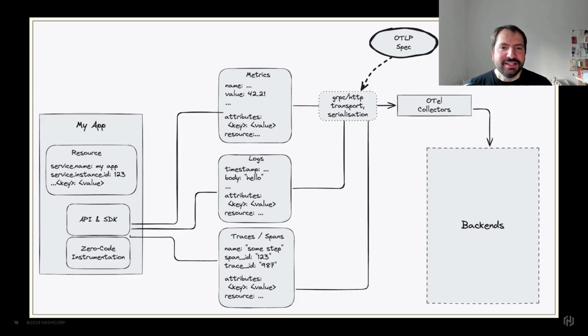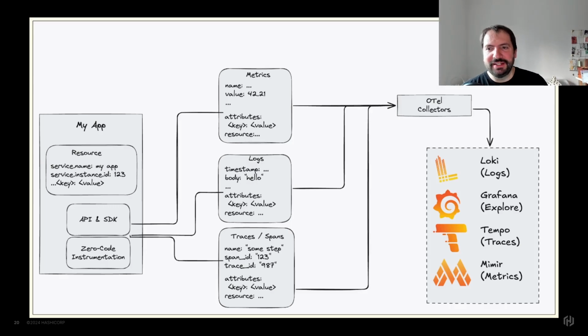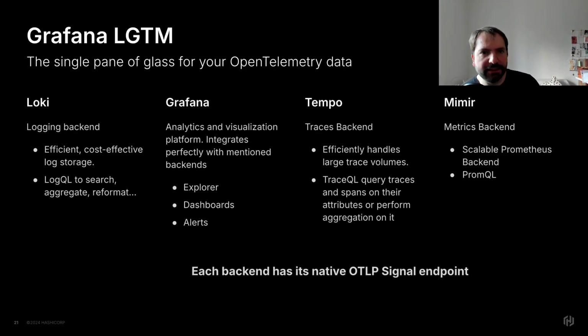But maybe as my title foreshadowed it already a little bit, we're concentrating today on the LGTM stack from Grafana, which means you have Loki that stores the logs, Grafana for the exploration, Tempo for traces, and Mimir for metrics. So in the end for us, this makes the Grafana LGTM stack a single pane of glass for OpenTelemetry data. They're all easily scalable.